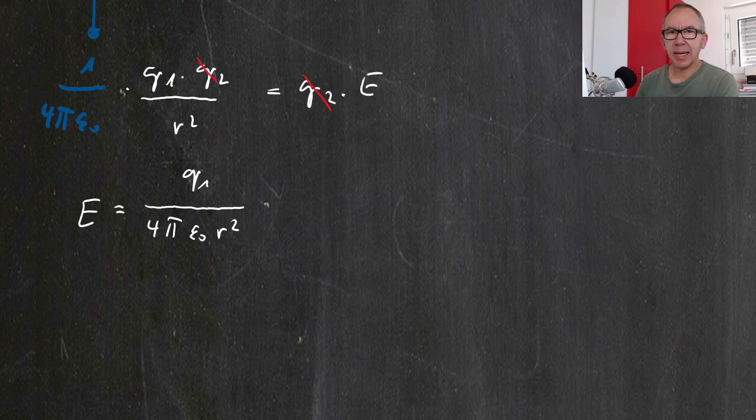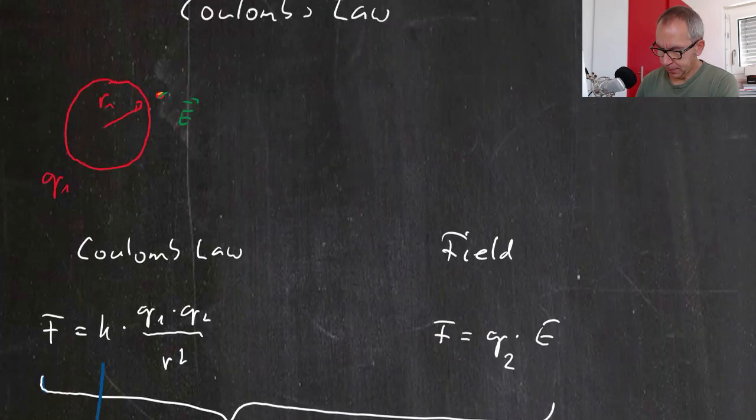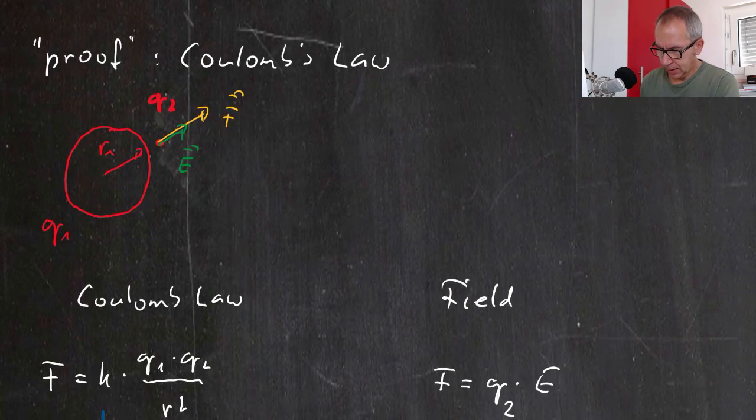Let's go back and see what was the R. So the R is the distance in between the two charges, and if we are just above the surface, then this R is equal to r1, the radius of this source sphere.